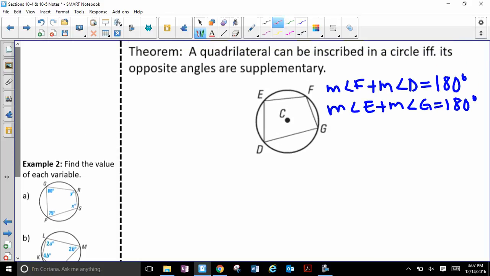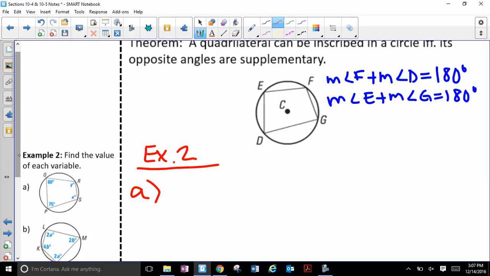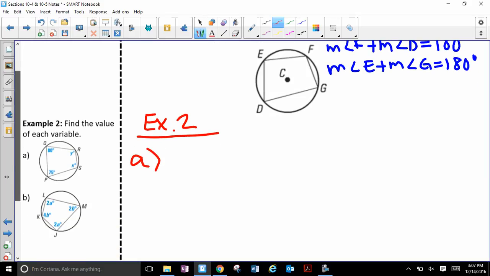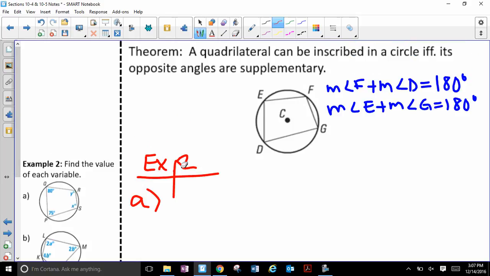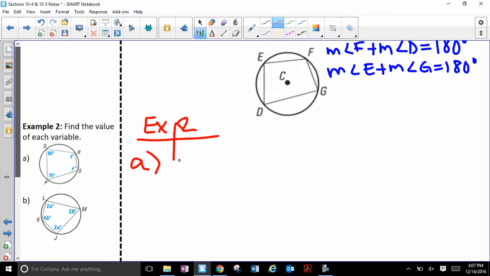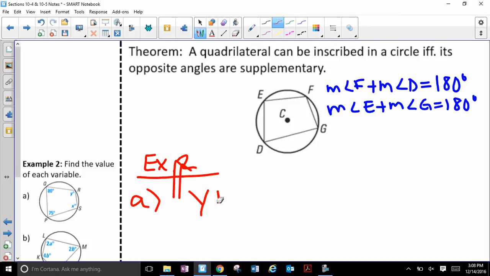Okay, so on example 2, part A. Since we have a quadrilateral that's inscribed in a circle, we know that the opposite angles have to add up to equal 180. So I know y plus 75 has to equal 180.